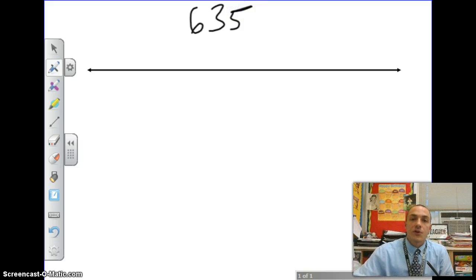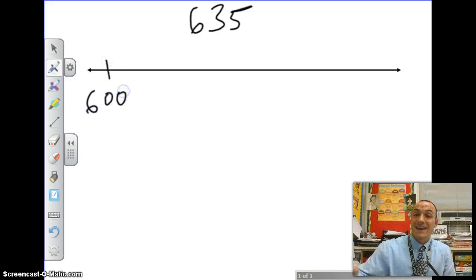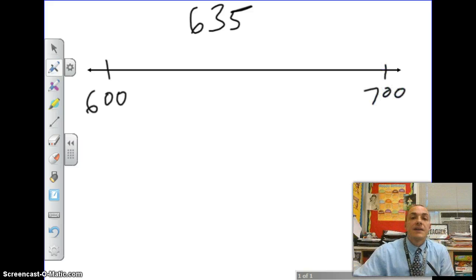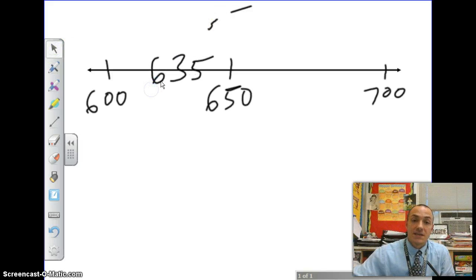So I know 635 is a little more than 600, and it's less than 700. Again, let's find the halfway point between 600 and 700. So halfway between these two numbers is 650. So now I can look at 635 and I can tell 635 is less than 650.